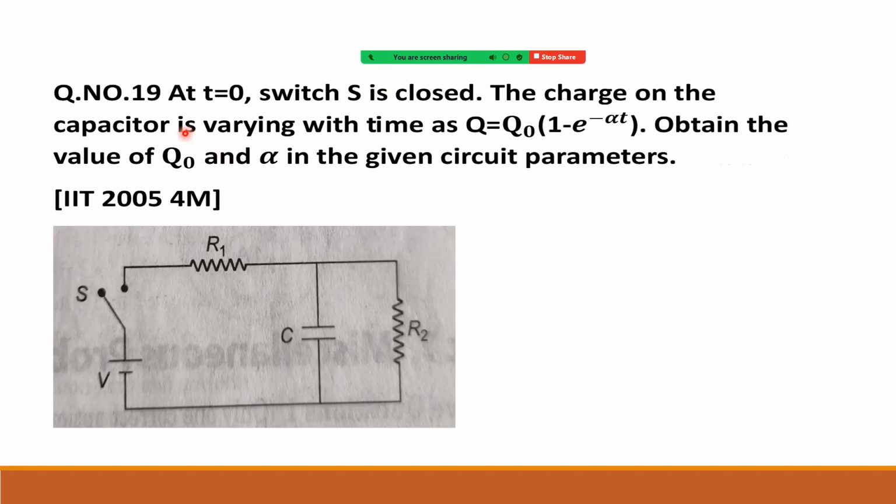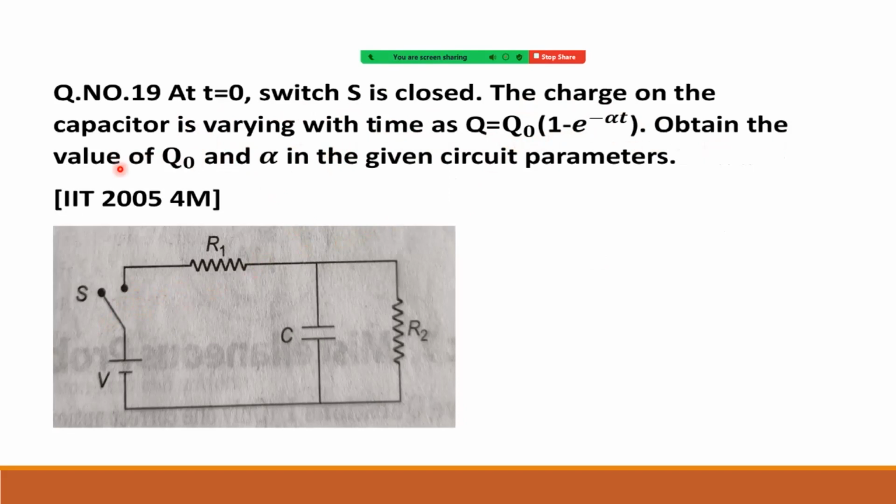Right. See the question. At t equal to 0, switch S is closed. The charge on the capacitor is varying with time as Q equal to Q naught into 1 minus e power minus alpha t.